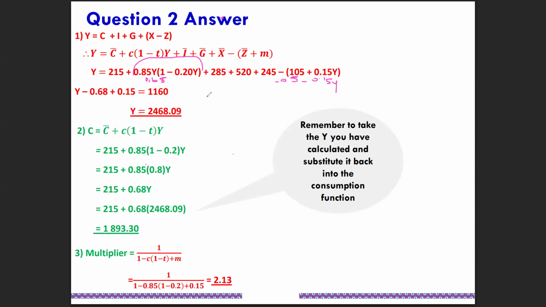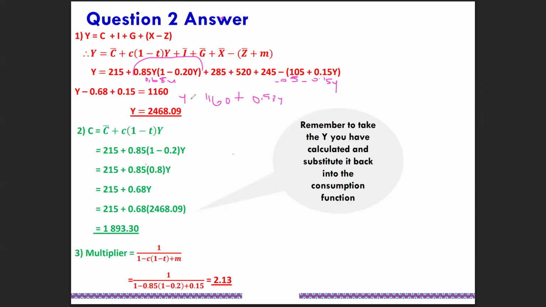So you're going to get 160 plus 0.68 minus 0.15, I mean, you're getting 0.53. So it's going to be 0.53y. Okay, it's supposed to be y here.